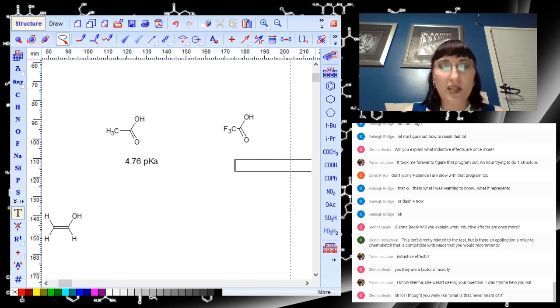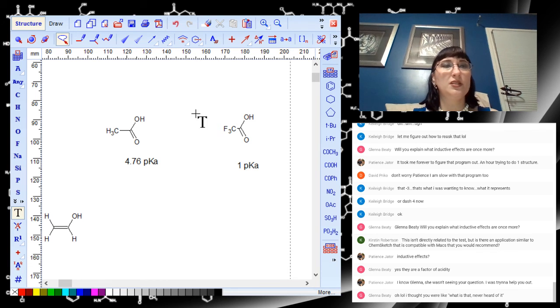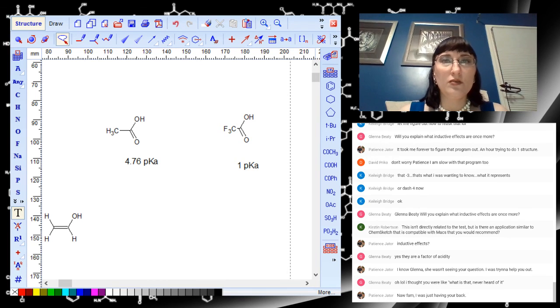I've seen it as high as 1, so I'll keep that here just so we can keep consistent with the less than 0 being strong acids only.